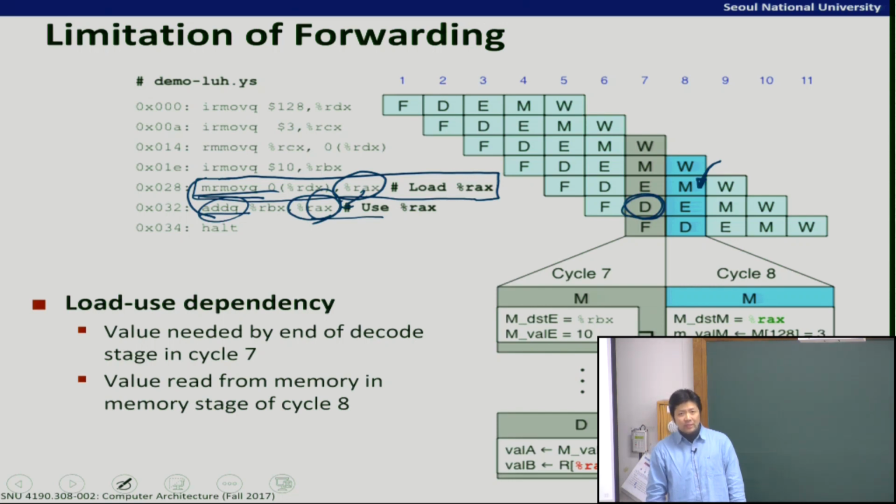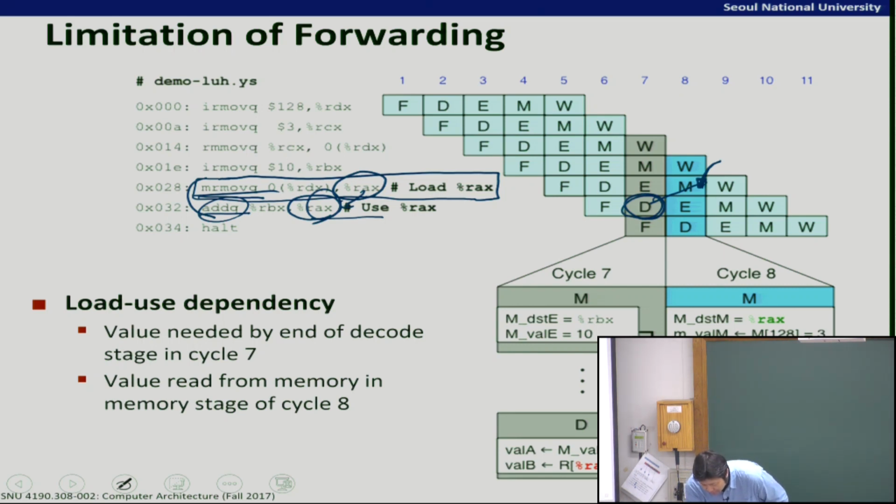So there's a mismatch, right? You can only pass this value back in time. It's like time travel, right? You send the value back in time. It's not possible, right? So in this case, you cannot really avoid a stall. You still need to stall for one cycle. Then if you stall for one cycle, you can forward the value to the D stage for the next instruction.